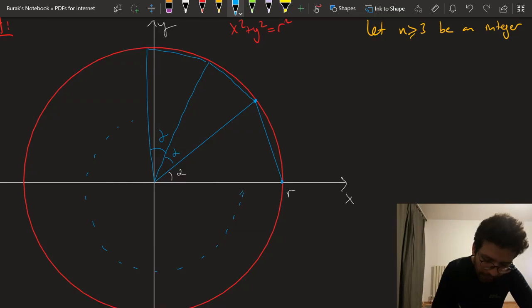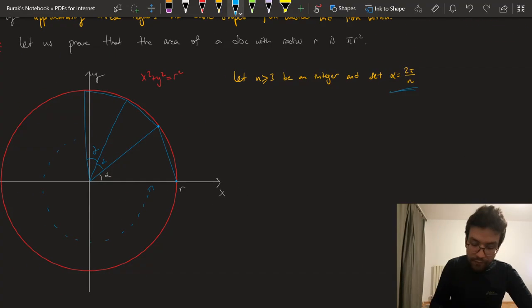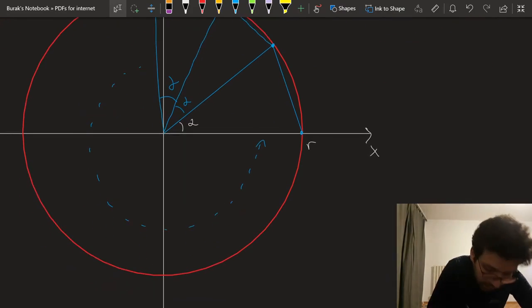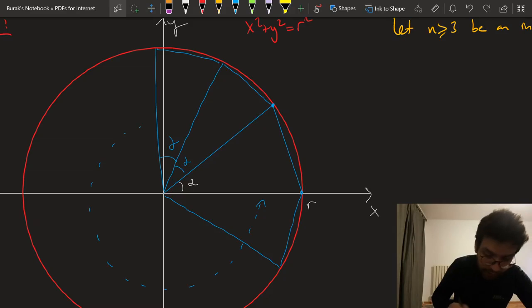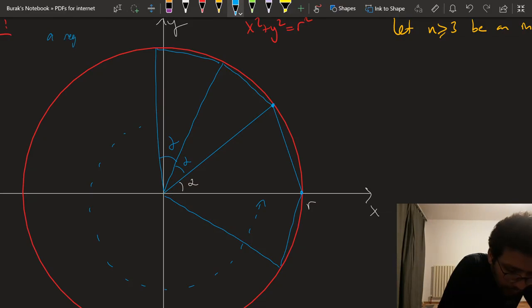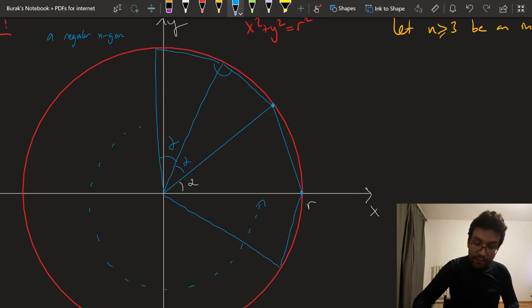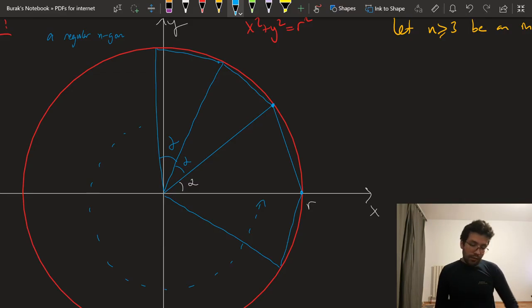You see, I chose my alpha to be 2 pi over n, which means that when I put n of these triangles together, at the end, I am going to get a regular n-gon, okay? A regular n-gon. N-gon means that it's a polygon with n sides. Regular means that all the sides and all these angles are the same, okay? Okay, so that's fine.